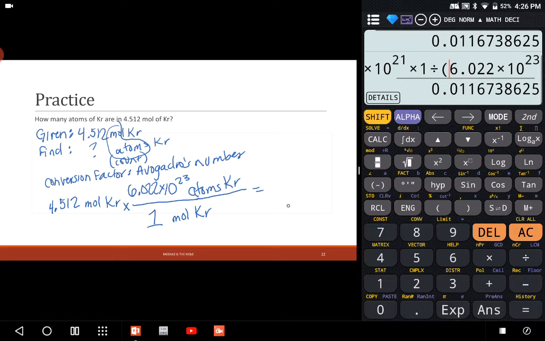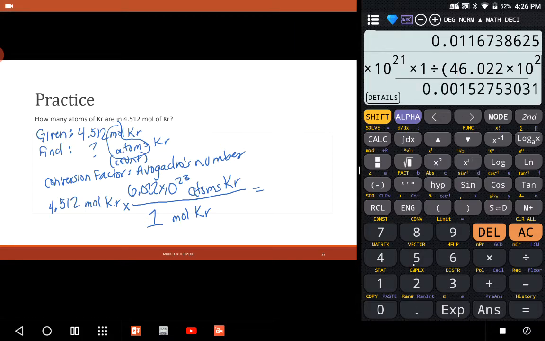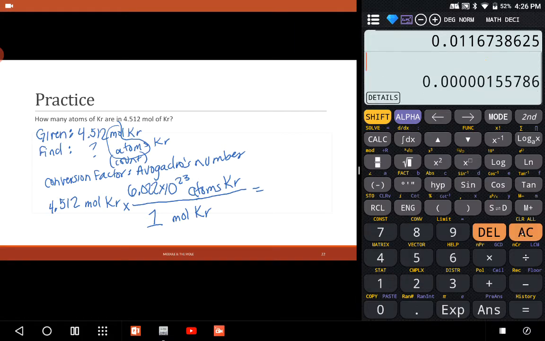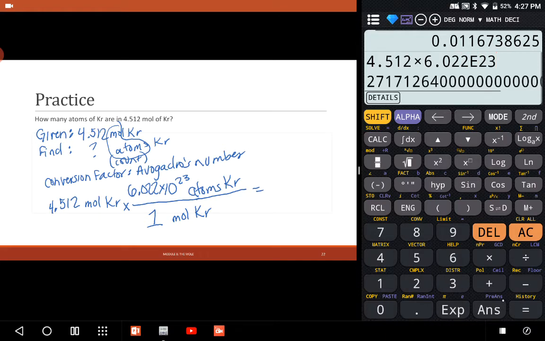Okay, so now we type that into our calculator, and so we have 4.512 times 6.022 times 10 to the 23rd power.